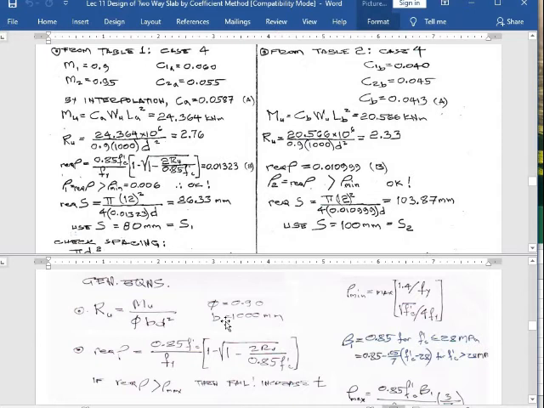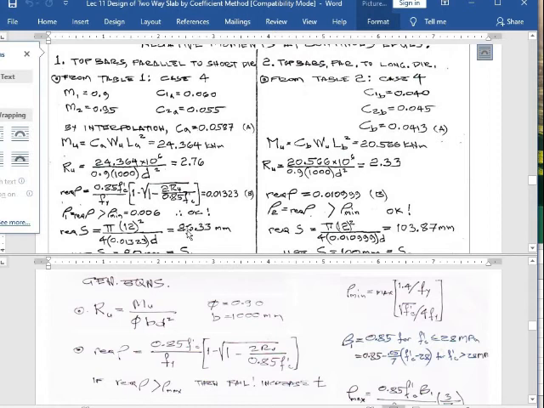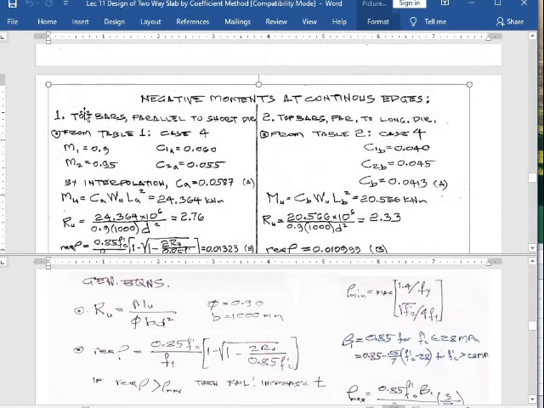D is always 1,000 millimeter. Okay, going back here, your required S is 86.33. You always round down by 10 millimeter increments. So this becomes 80 mm. So this is now your S1. Again, naglagay ako ng subscript dito na 1. Ang ibig sabihin ng S1, yan yung spacing ng bar number 1.